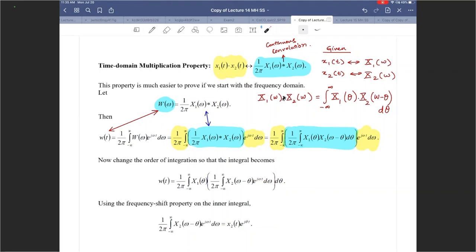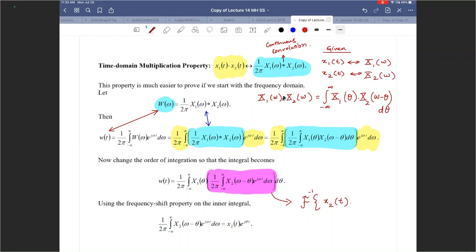Then you observe what this is. That is essentially the inverse Fourier transform of x2, small x2 of t, but there is also a omega minus theta. So there is a frequency shift as well of theta.